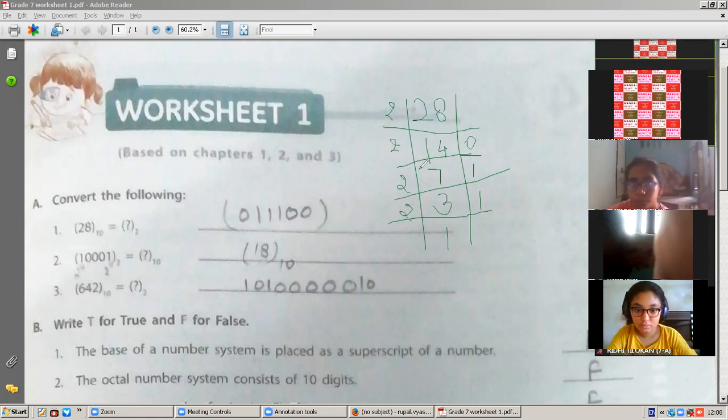Then we divide 14 by 2, we get 7 and 0 as remainder.